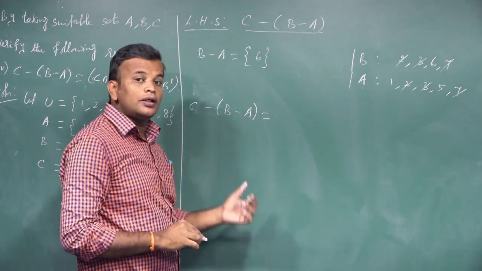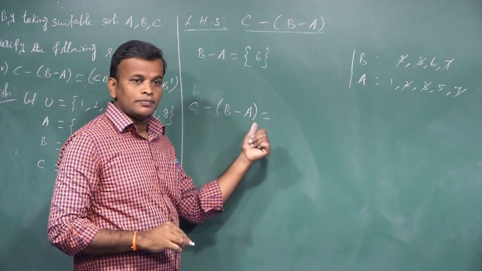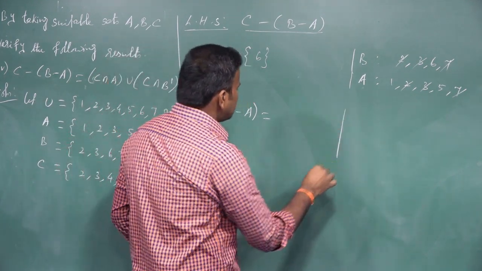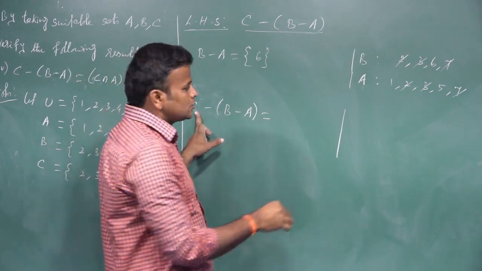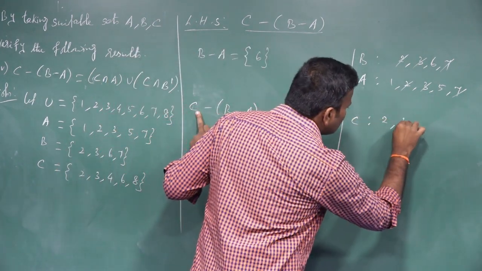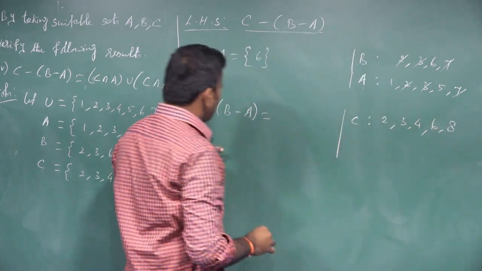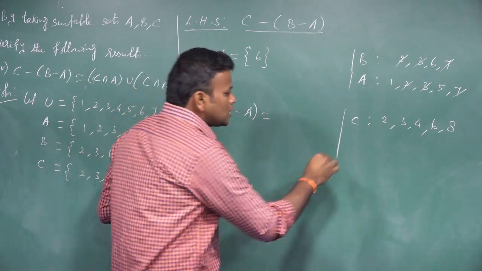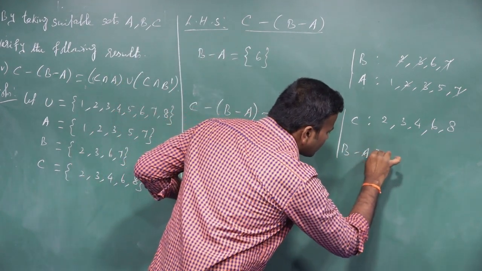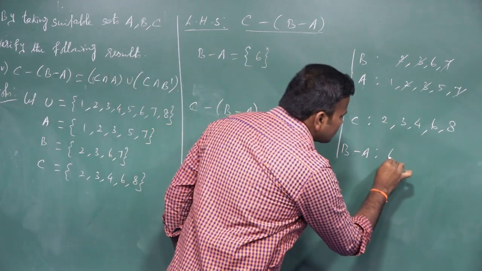Next, C difference, B difference A. That means all the values in C that are not in B difference A. So here also I write for understanding. What is the first set? C. So C contains how many elements? 2, 3, 4, 6, 8. What is the second set here? B difference A. So B difference A contains just the element 6.